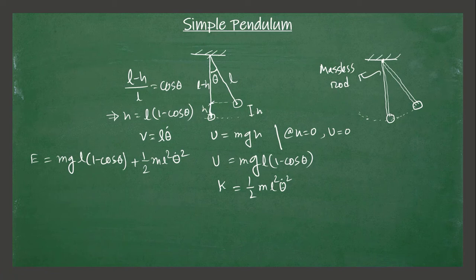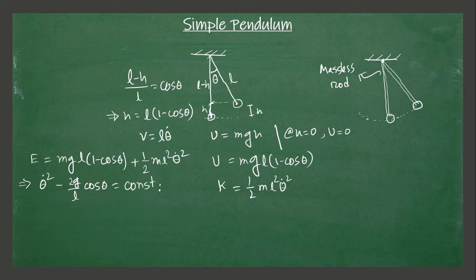Now if we manipulate this equation, we can write it as theta dot squared minus 2g over L cosine of theta equal to, all the constant terms we will gather here, so we can write this as a constant.